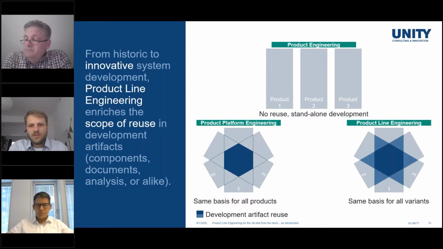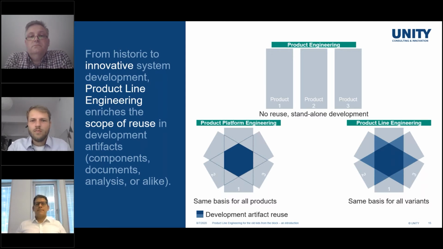Before I start with a deep dive into product line engineering, I just want to get us on the same page and the same understanding, because there are some terms in this context that are mostly used as synonyms and might cause some confusion. So starting with some basic terms so that we understand each other.